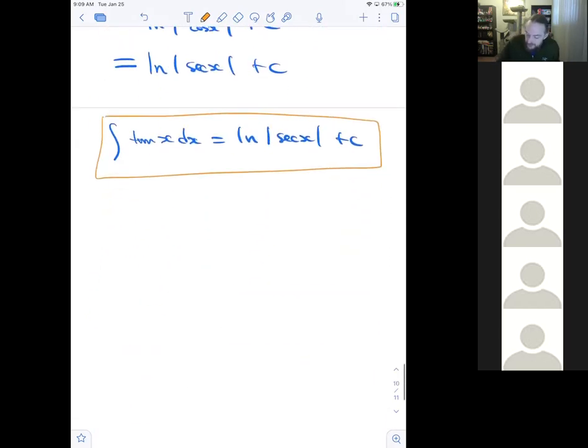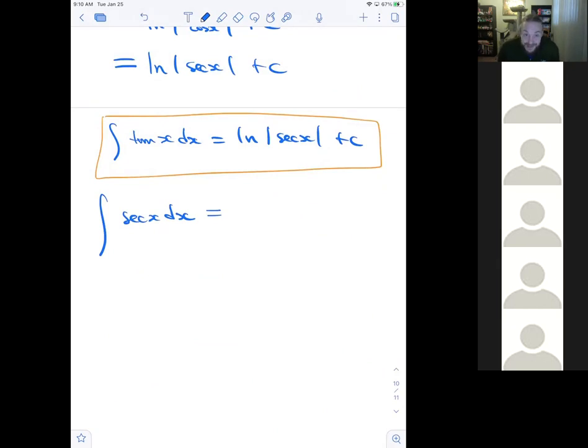And then for secant, the trick is a really dirty trick. So steal it from me now. The integral of secant x dx is equal to, I want to use substitution rule. So I want to multiply by 1 in the form of something over something, where on the bottom I have something that, once I multiply on the top by this secant guy, I'm going to get exactly its derivative.